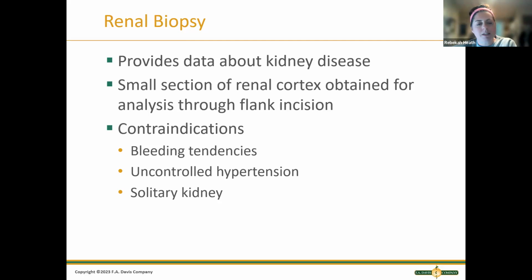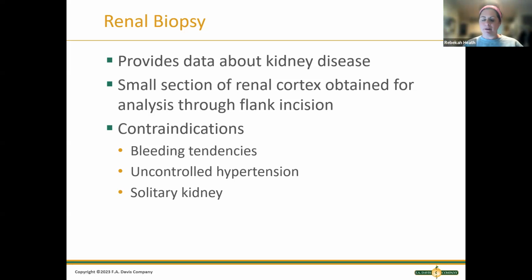Most of the time it's going to be through a fine needle biopsy, meaning they'll look with an ultrasound or with a CT scan, and they go in with a very tiny needle into the kidney tissue and take a very tiny piece of tissue. Usually not an actual incision that they open up, because the kidney is so vascular.